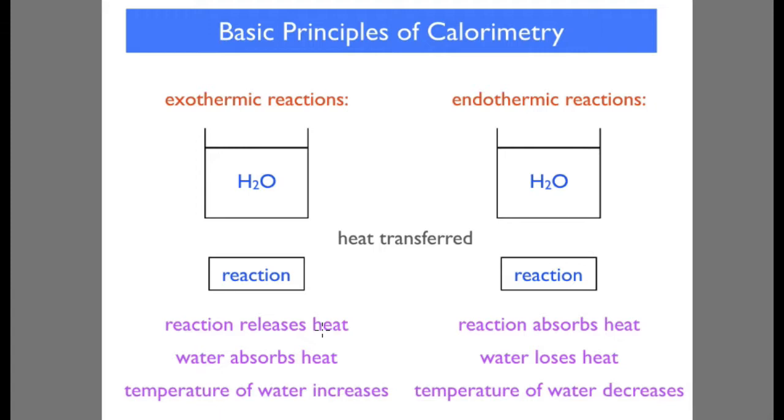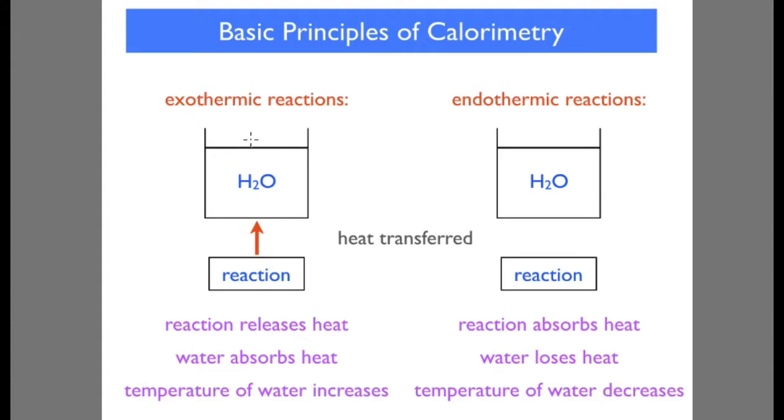Let's have a look. With exothermic reactions, we have the reaction taking place here, and you've got some water in a separate container above it. In an exothermic reaction, heat leaves the reaction, it's released, the water absorbs the heat, so the temperature of the water increases.